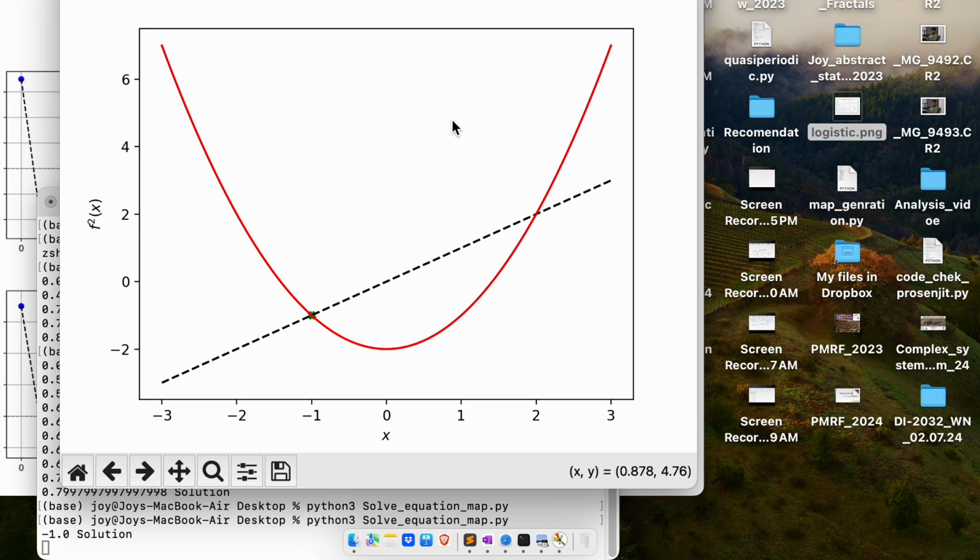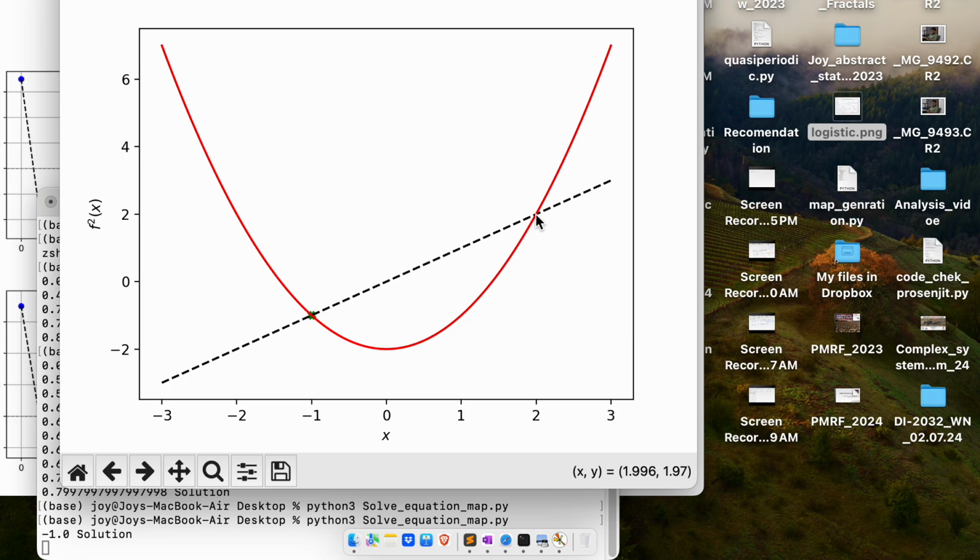Now it is pretty clear. There are two solutions. One is near here, another is here. If I click on this point, you can see this is minus 1 and this point is 2. Here you can see the coordinates at the bottom right of this panel, where my cursor is touching.